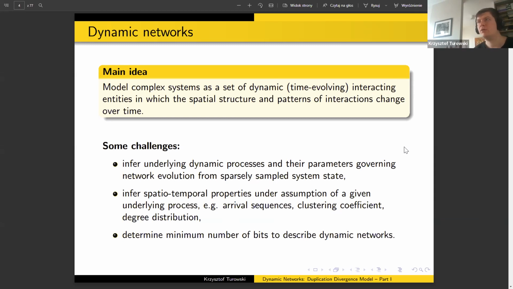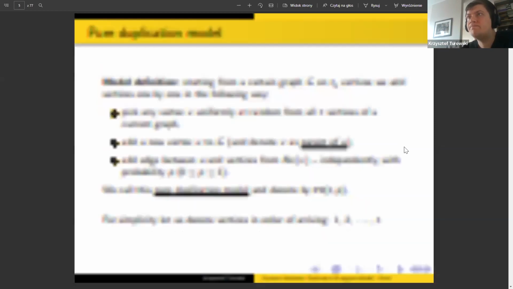So today we assume that we have this model that I will describe soon. What are its properties? We'll basically concentrate on the degree distribution and its various properties.